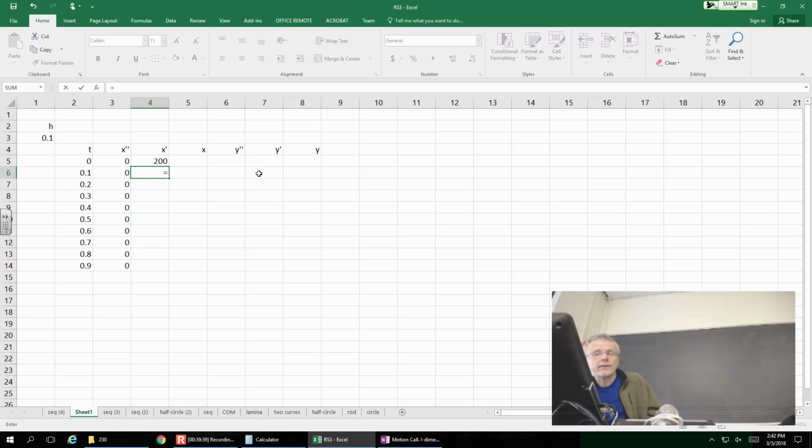The next velocity will be this element plus the current acceleration times the time passed between 0.1 and 0, that's the time increment.